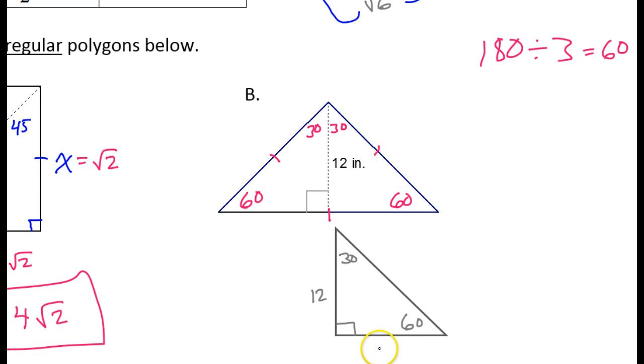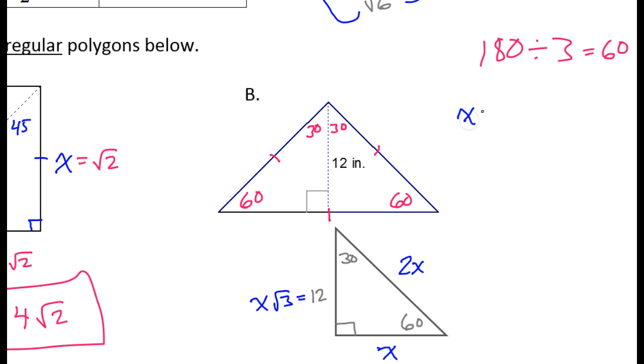Okay, for a 30, 60, 90 triangle, we always focus on the short leg first. So the short leg is x, the hypotenuse is 2x, and the long leg is x radical 3. Alright, so make an equation out of the one where you're given an actual number.